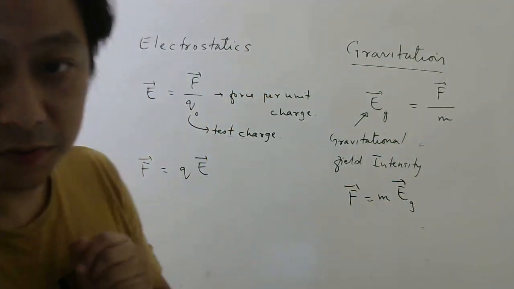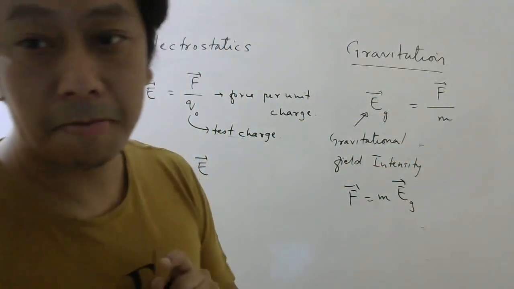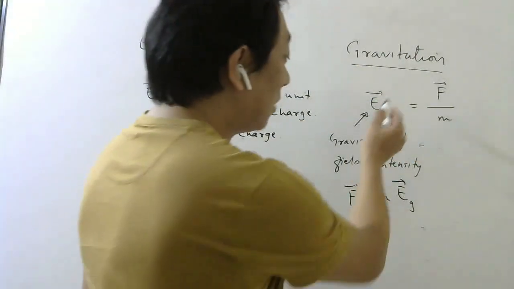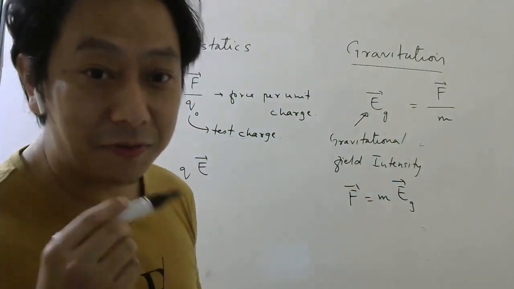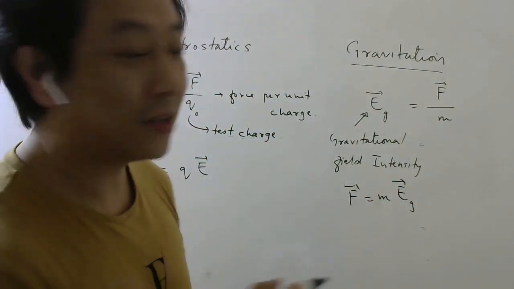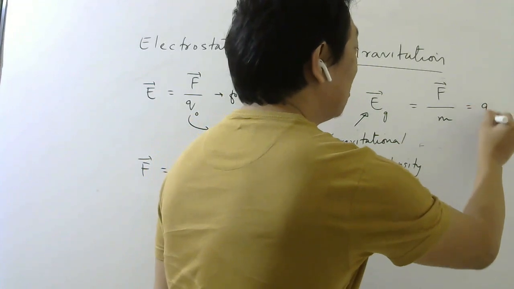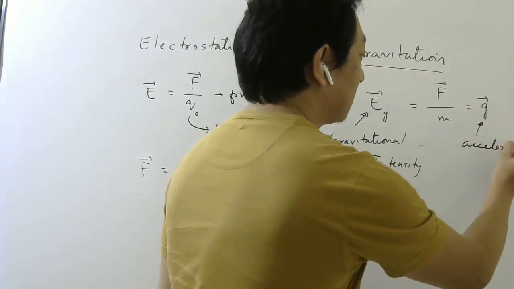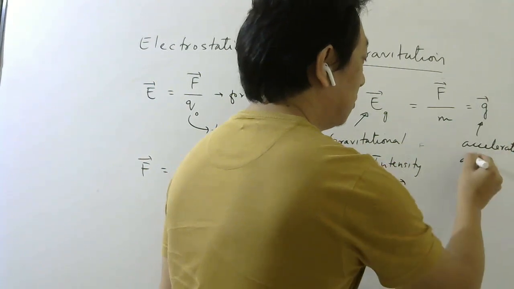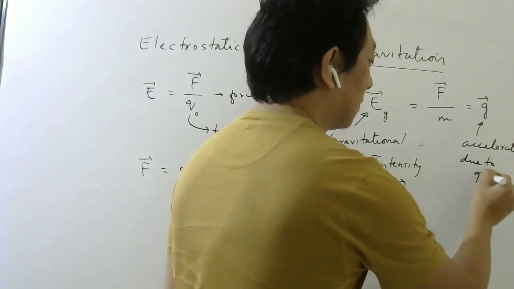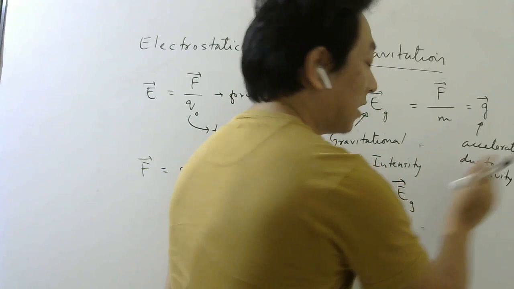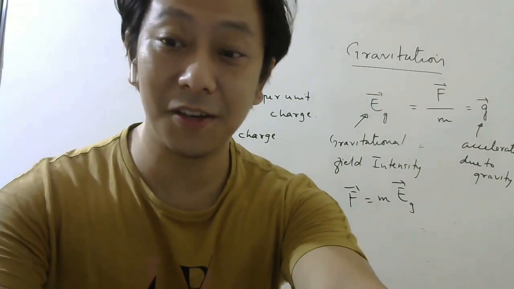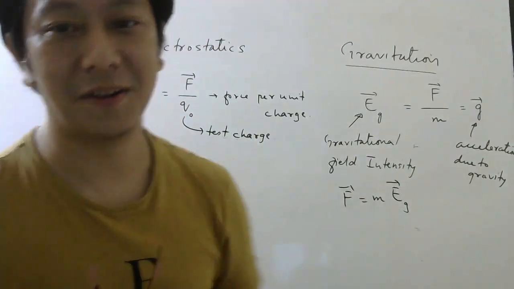But if you think carefully, what is this force by mass? Force by mass is acceleration from Newton's second law. So what we call gravitational field in the gravitation chapter is nothing but acceleration due to gravity. Okay, so in this chapter, your gravitational field is nothing but acceleration due to gravity at that point.